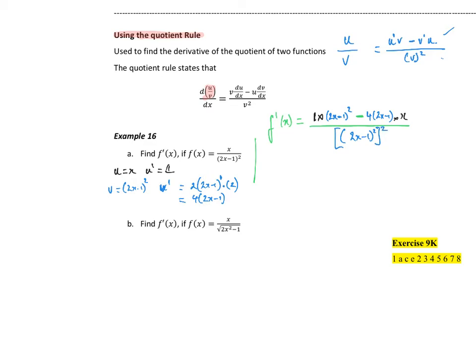Okay, so the derivative of the top function times the bottom, minus the derivative of the bottom function times the top, over the bottom squared.